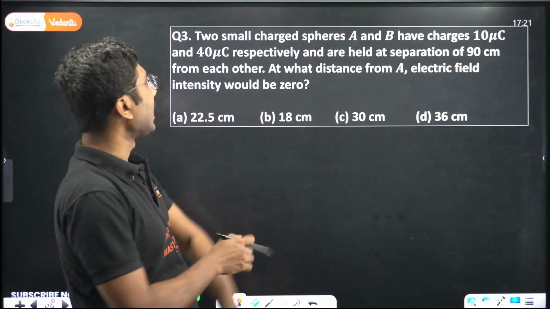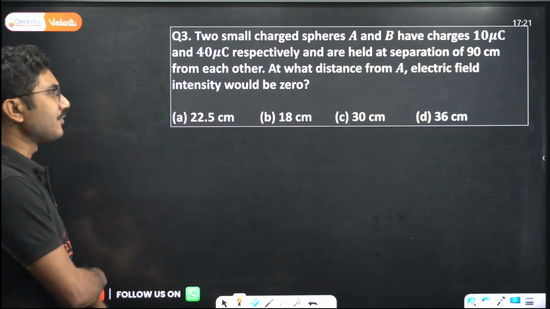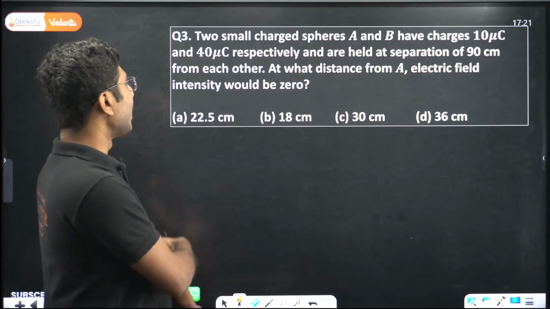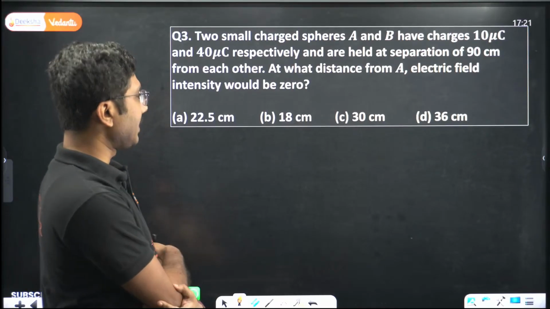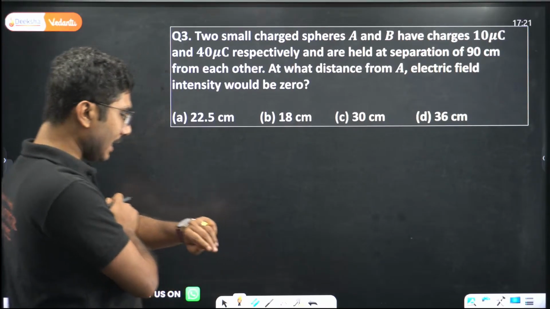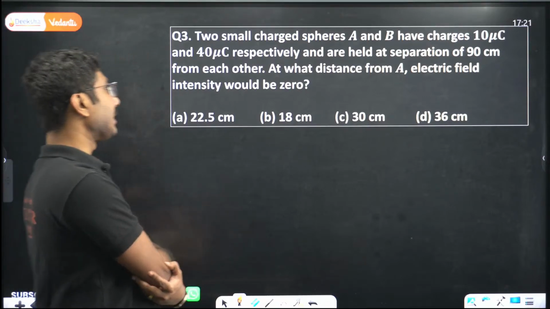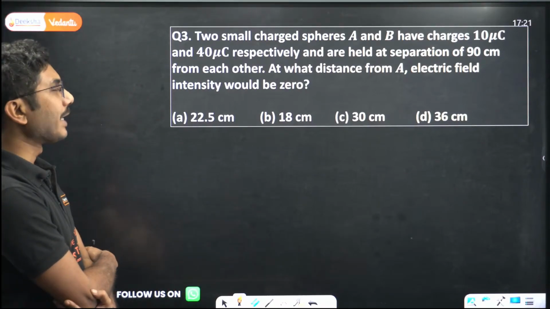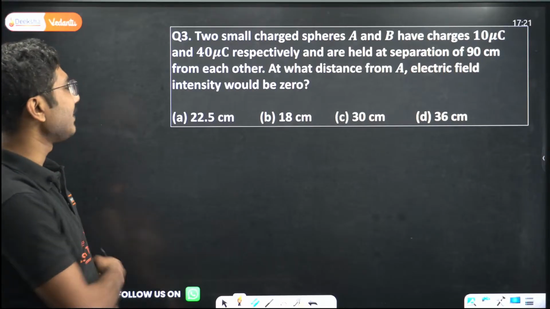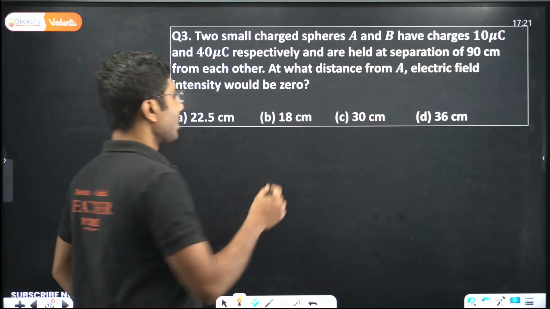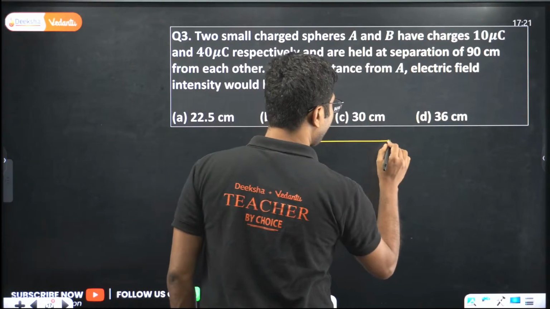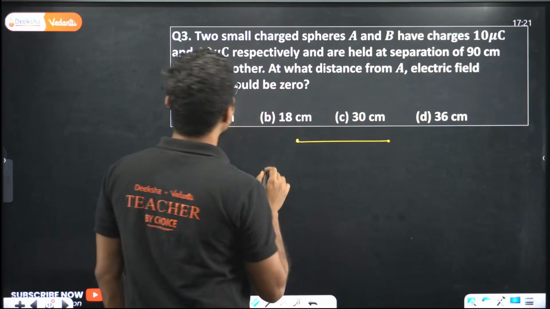Two small charged spheres A and B have charges 10 microcoulomb and 40 microcoulomb respectively, and they are held at a separation of 90 centimeter from each other. At what distance from A would the electric field intensity be 0, right? So here we have two charges.